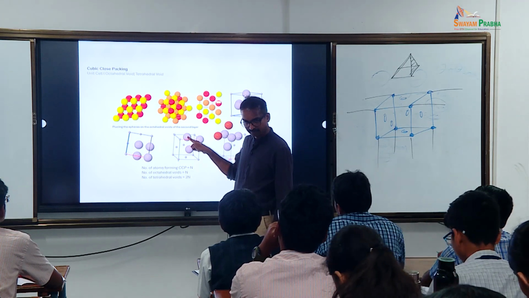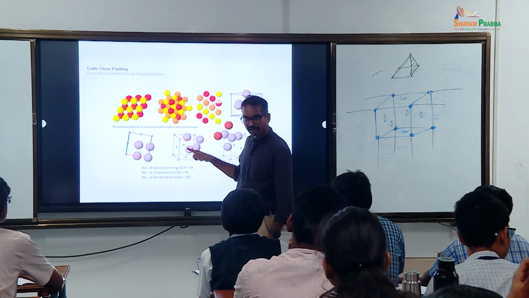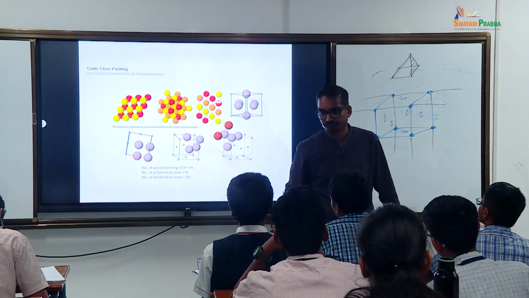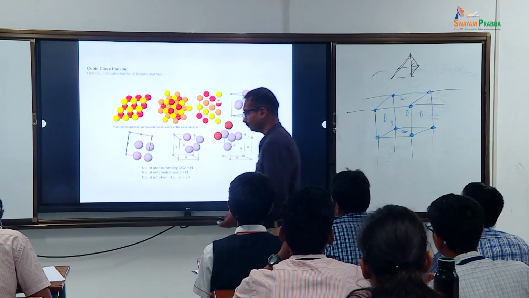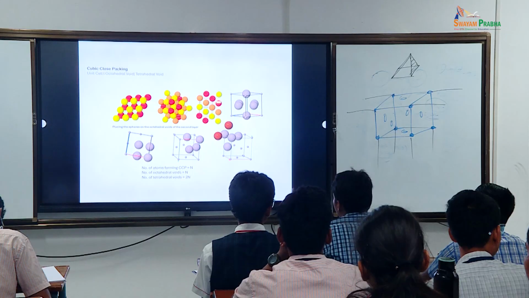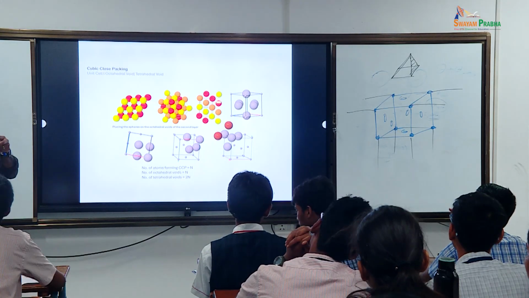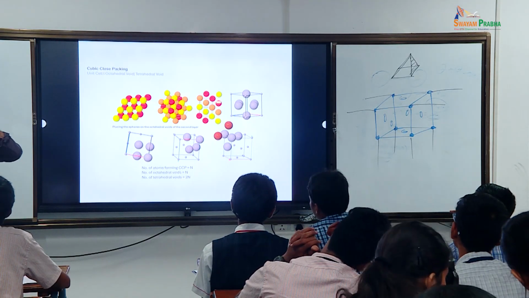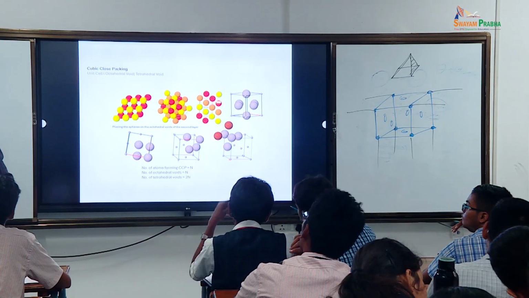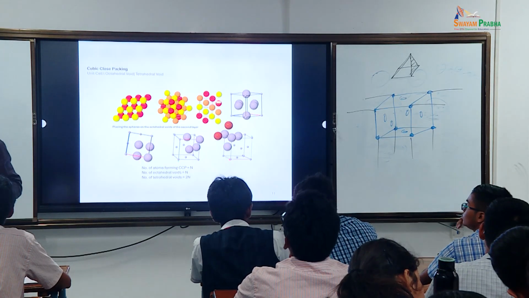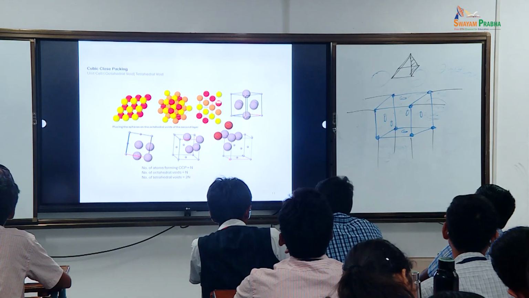Tell me how many tetrahedral voids belong to one unit cell. Someone said 8, right? Who said it? Raise your hand. Very good. So there are 8 tetrahedral voids. Correct, no? Then we had 4 atoms, 8 tetrahedral voids.